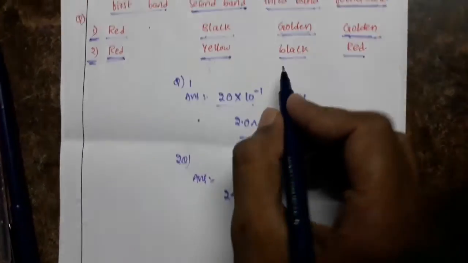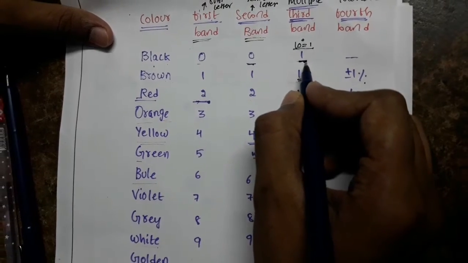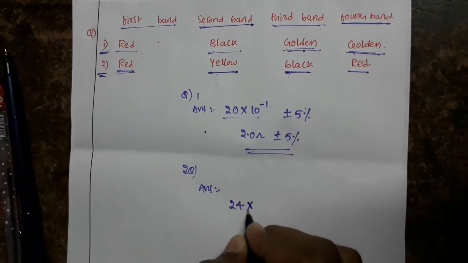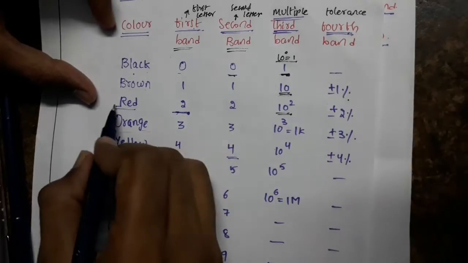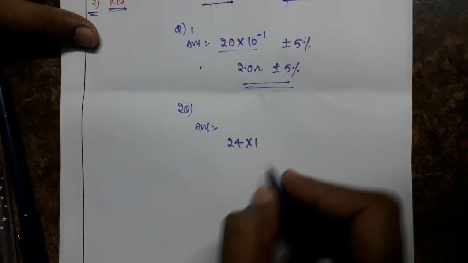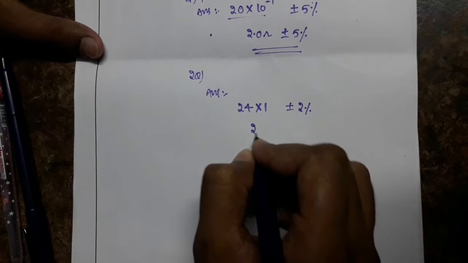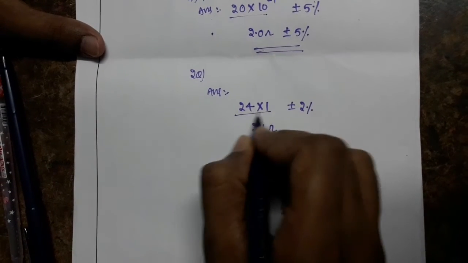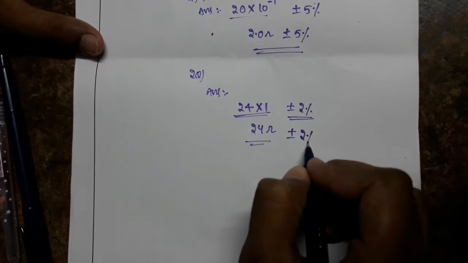The third band is black, for which the multiplier is 1. The fourth band is red, which gives a tolerance of plus or minus 2%. By solving this, we get 24 into 1, 24 ohms, with a tolerance of plus or minus 2%.